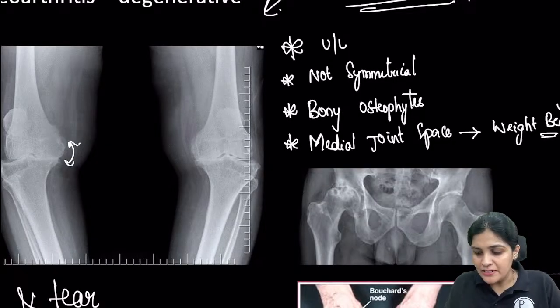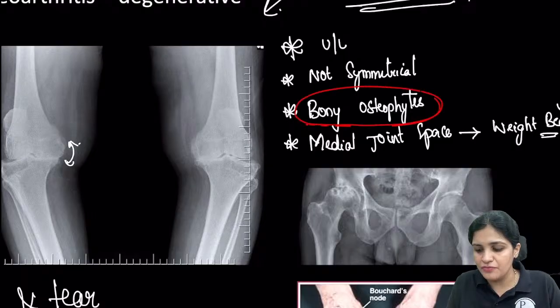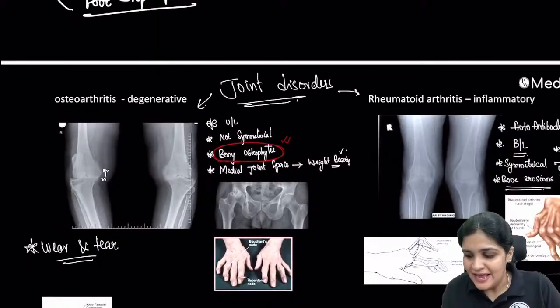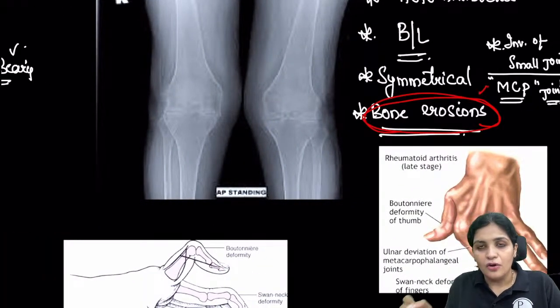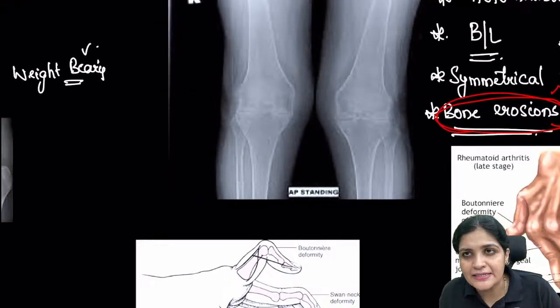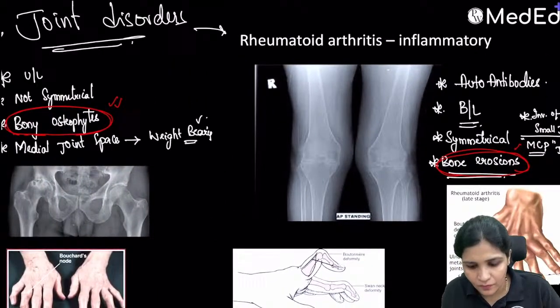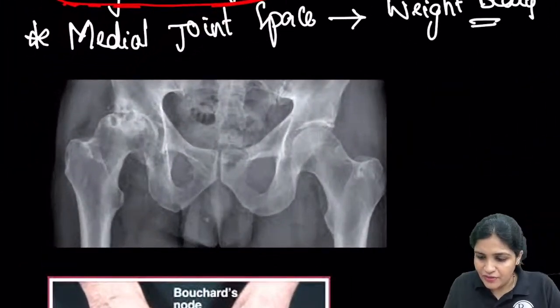Okay? And what is the most important thing I want you all to remember is, whenever they talk about osteophytes, they're mainly talking about osteoarthritis. Whenever they talk about bony erosions, they're mainly talking about your rheumatoid arthritis. Is that clear? So these are the osteophytes, what I was talking about.